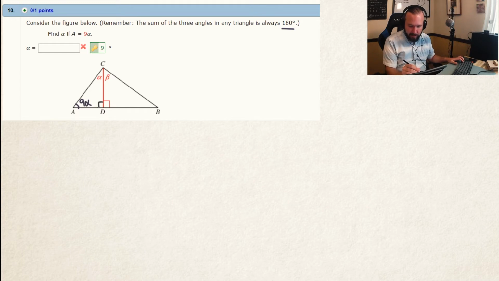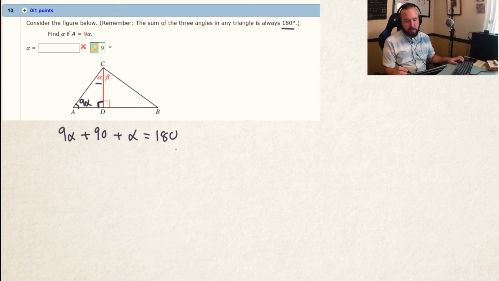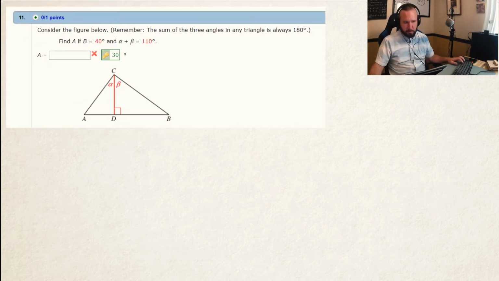And obviously this is a 90-degree angle right there, so I can just use this triangle and the 180-degree rule. So I just got to add all those up and get 180: 9 alpha plus this 90-degree angle right there plus this alpha up there. Those are all the interior angles of that triangle. It's got to add up to 180. That just gives you a simple equation in alpha that you can solve to figure out what alpha is.